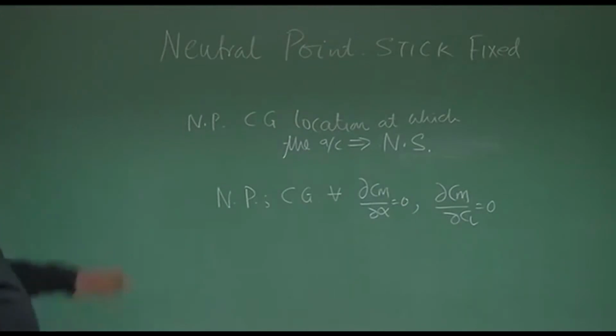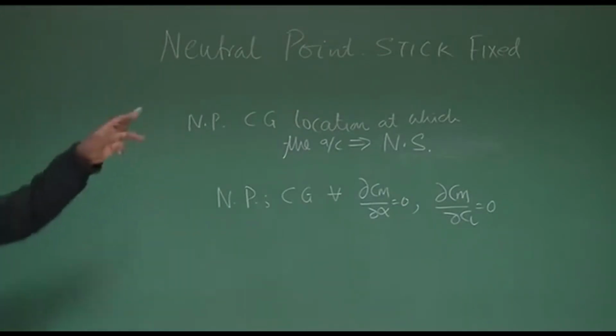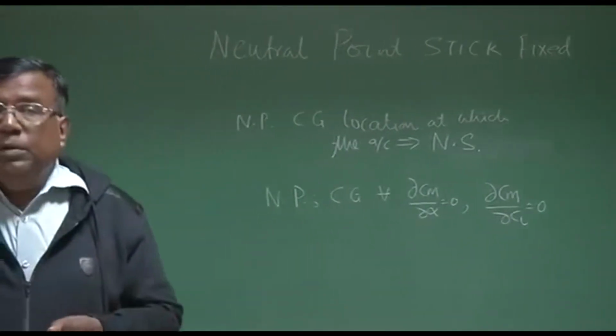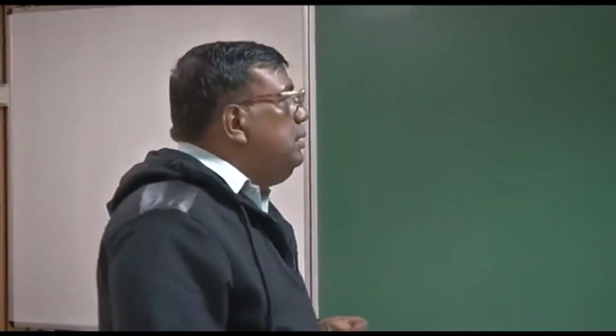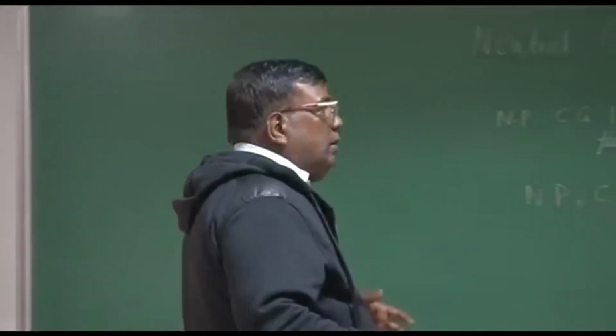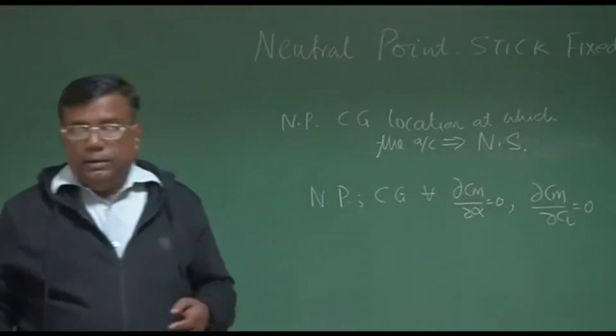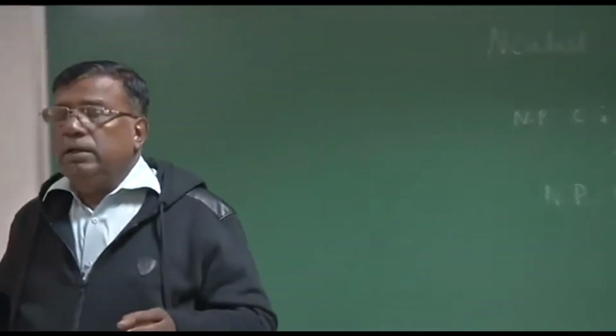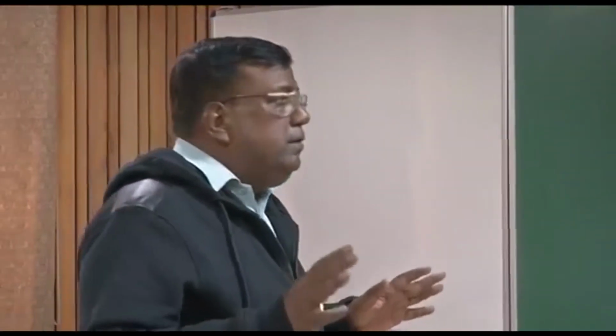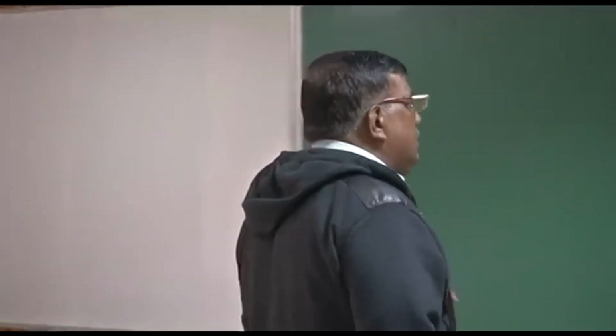Please note that in neutral point I have also used the word stick fixed. That means I am not allowing any floating of the elevator. So initially we will be talking more and more about stick fixed, and then at some point again we'll come back to stick free a little bit so that your concepts are clear. So let's focus on the stick fixed.